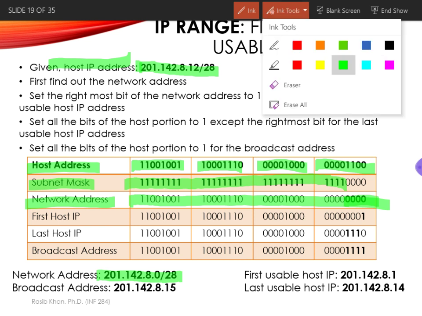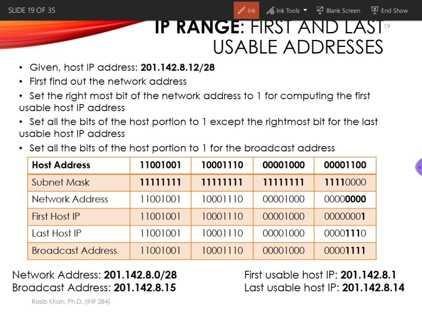So now we would like to also calculate the first host IP address that we can use. And this basically means the first number that you can generate that is right after the network address.